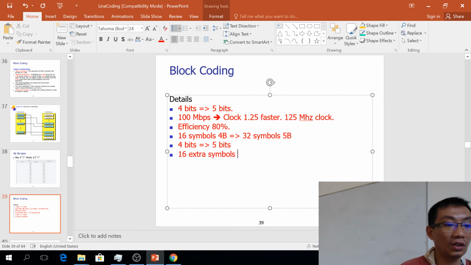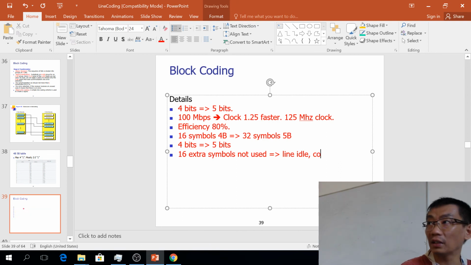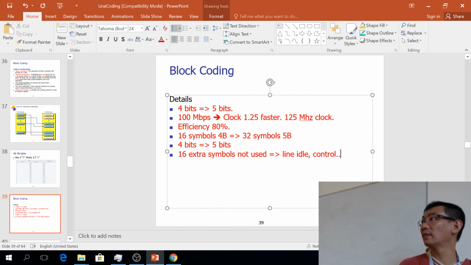That is not used, isn't it? So this one you can use for maybe a line idle, or you can use for some other control thing. Okay? Alright? Line idle, reset, or whatever, you can use that. Okay? For the exact detail, you check it out in the Wikipedia. Okay? Clear? So then you can see this is line coding. I think we stop here for a while. Before that, later we go to analog.